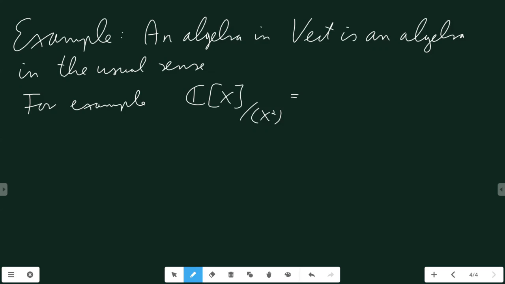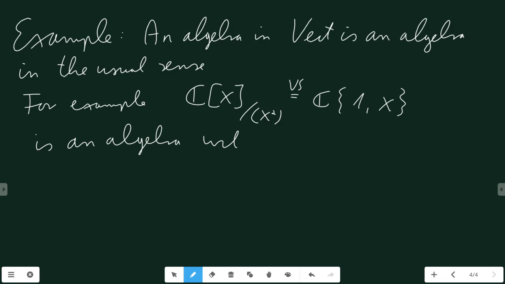As a vector space, this just has 2 basis elements, and the multiplication is what you think it is, just killing everything which is of degree 2. With, well, mu, and I would write it like this.